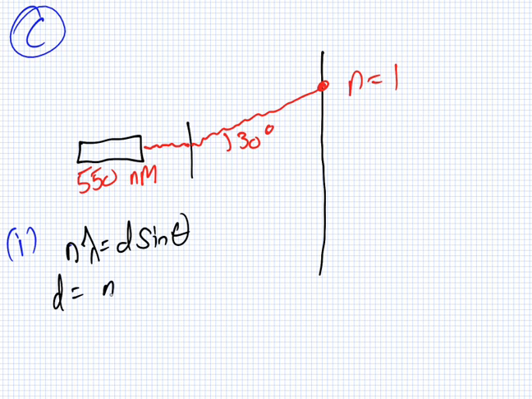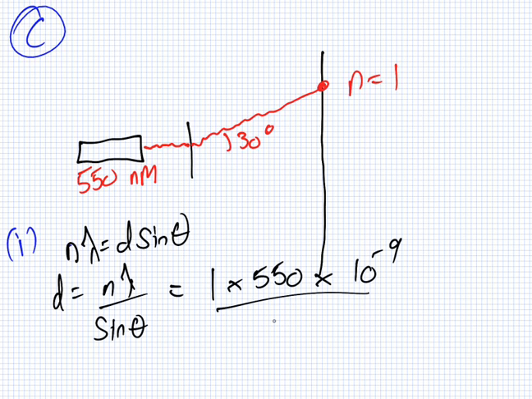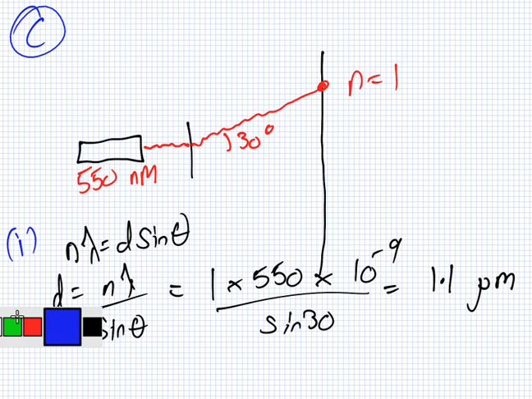So d equals n lambda over sine theta, which here would be 1 times 550 times 10 to the minus 9 over sine 30, which is, I got 1.1 times 10 to the minus 6, 1.1 micrometers. Okay, that's part 1.